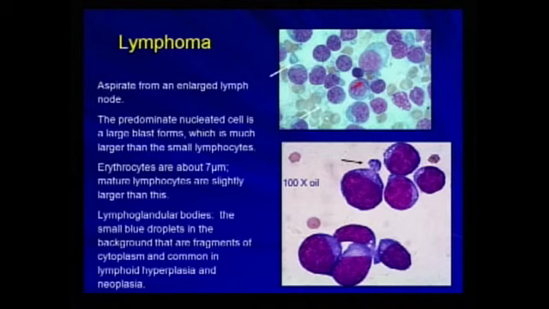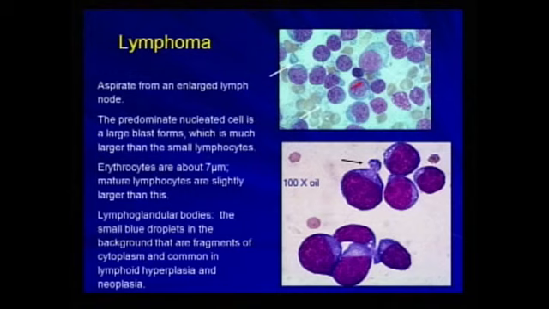Generally, mature lymphocytes are about the same size as erythrocytes. So if 40% of your lymphocytes are larger than erythrocytes, there's a good chance that you are dealing with lymphoma. And we want to look at all the corroborative evidence of no plasma cells, essentially everything is lymphocytic.